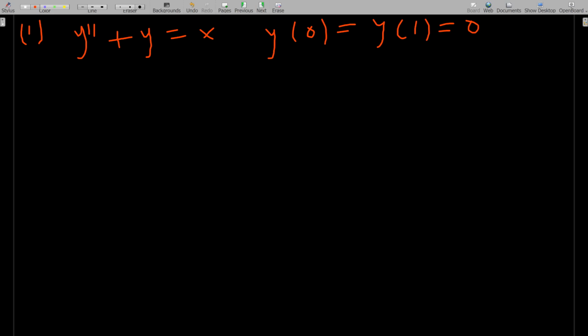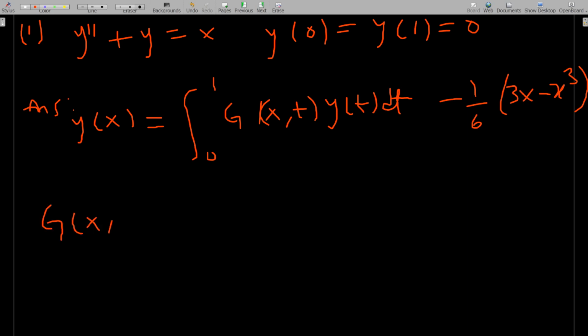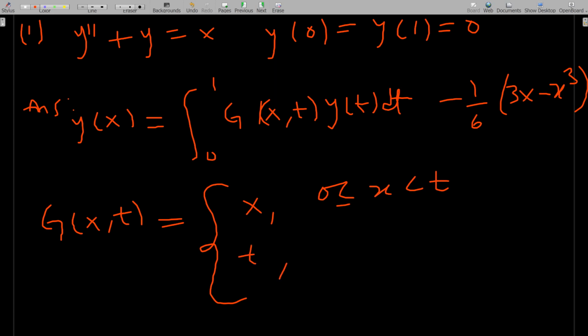The expected answer is y of x equals the integral from 0 to 1 of g of xt y of t dt, then minus, this is the free term, 1 over 6 into 3x minus x cubed, where your g of xt would be equal to x, for 0 less than or equal to x less than t, then t, where t is less than x less than or equal to 1. So this is the first trial.